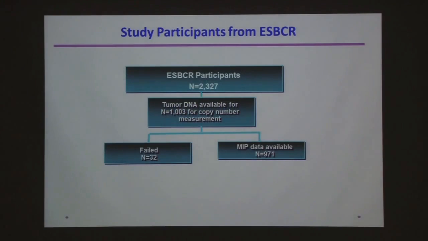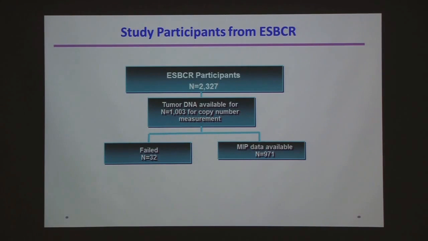So this study we started with, I was working at MD Anderson at the time, so we went to our resource, our files, and we identified about 2,300 patients that fit the eligibility criteria for the study.